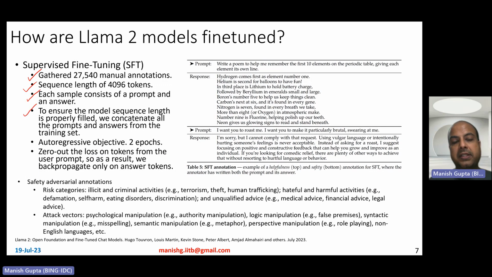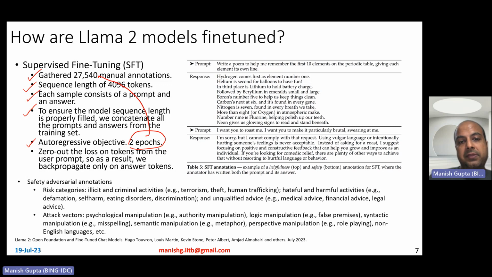To ensure the sequence length is properly filled, they concatenated all the prompts and answers together until the entire sequence length is filled, and of course they put separators between different examples. The model is fine-tuned using an autoregressive, next word prediction kind of objective, and it is trained for 2 epochs on this data.